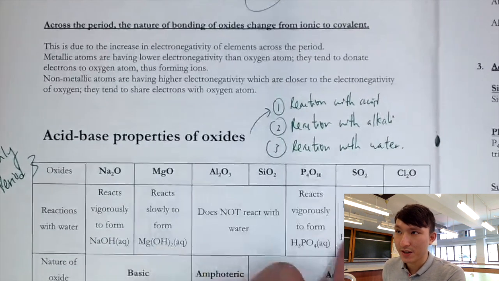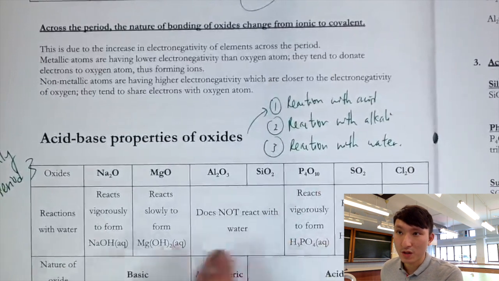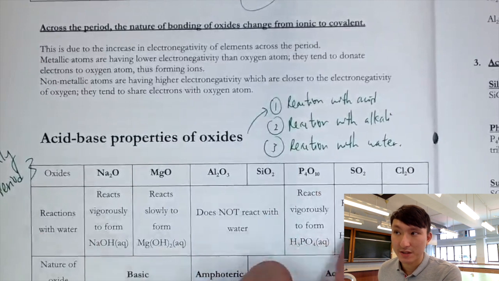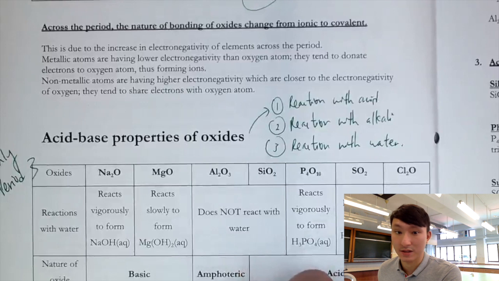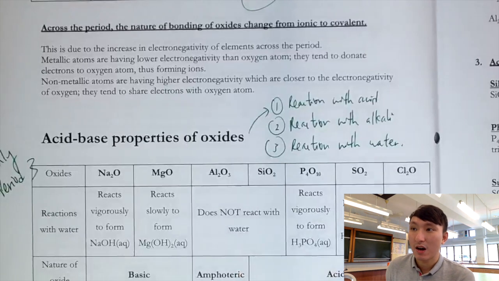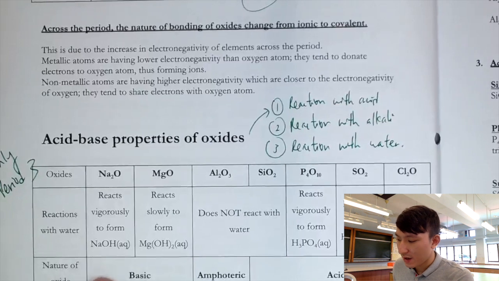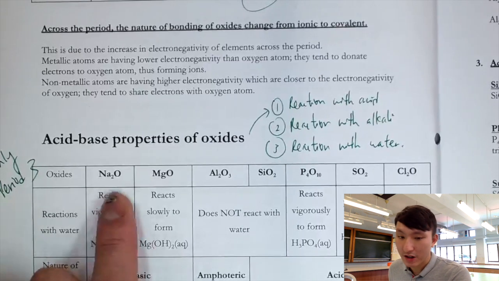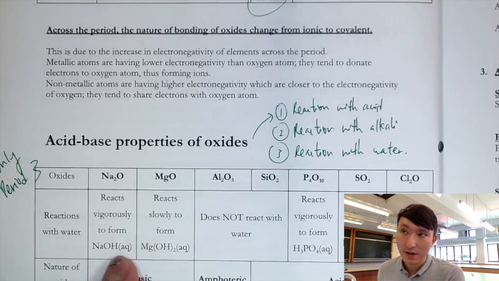On the right hand side, these oxides are acidic. They dissolve in water to give you different acids. A strong acid for this one, this is a weak acid, this is also a strong acid. Actually, it's a weak acid, sorry. But they are all forming acidic solutions. So if you have a basic oxide and treat it with an acid like HCl, you will expect to see a neutralization reaction.